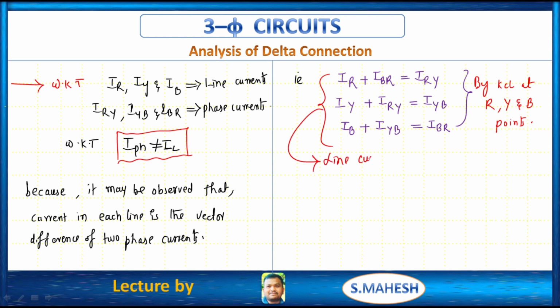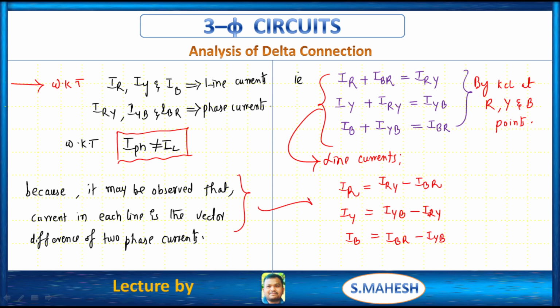So from this, what are the line currents? IR, IY, IB, those are the line currents, which are nothing but IRY minus IBR. From this, IYB minus IRY. From this, IBR minus IYB. See, this is the definition: it may be observed that current in each line is the vector difference of two phase currents.